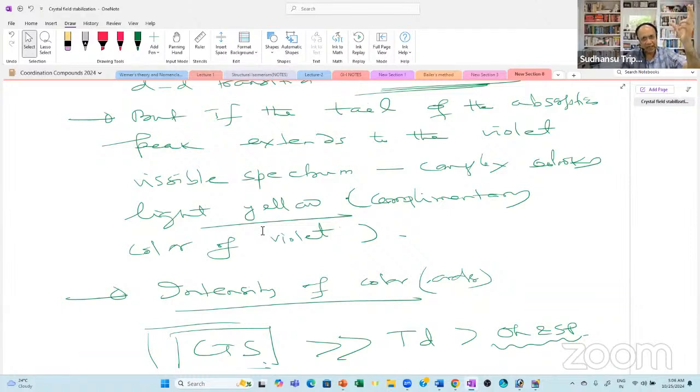Even if it is d9, it can get a place, so that it will absorb certain radiation. And that absorption is not monochromatic, it is polychromatic, because each electronic transition is associated with some vibrational level transition.